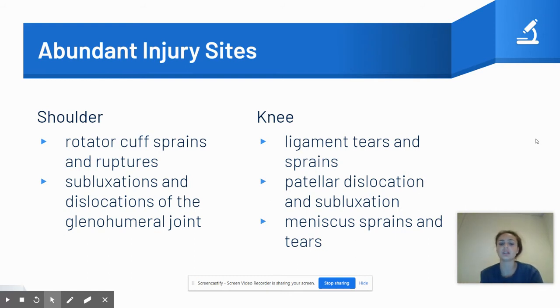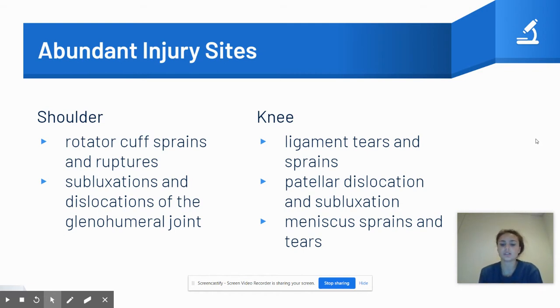Another issue for the knee is ligament tears and sprains. Usually the most common sprain is the MCL, and then the most common tear is an ACL. But we do have many other tears and sprains of the LCL, which is the least common, the MCL and ACL.